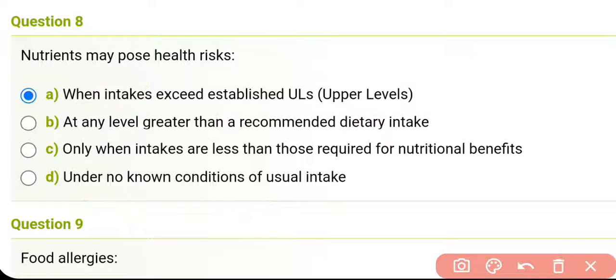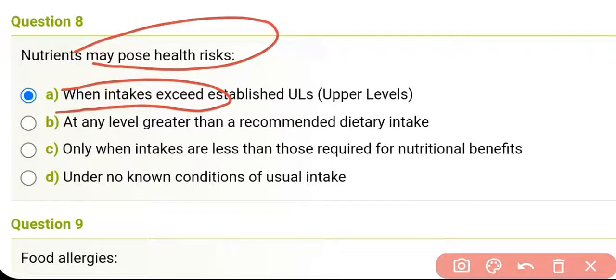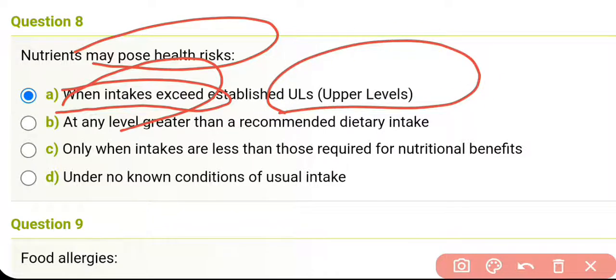There is an upper level for any nutrient, and when what you are taking in, or taking as food, exceeds that established upper level, it can cause a health risk. Nutrients may pose health risks when the intake exceeds the upper level.